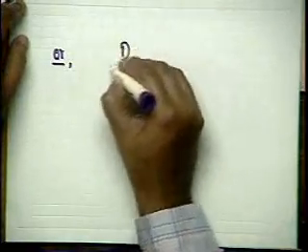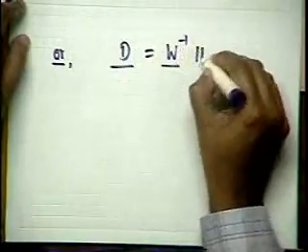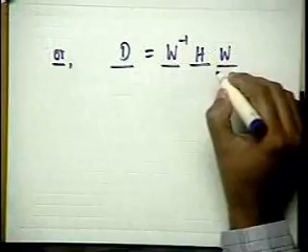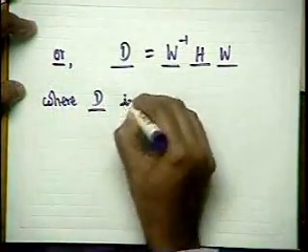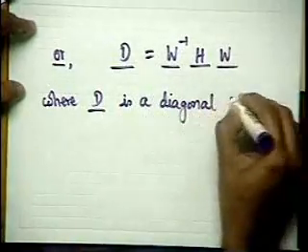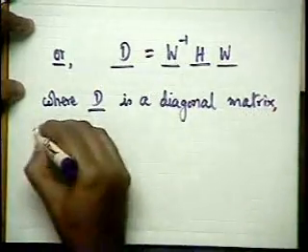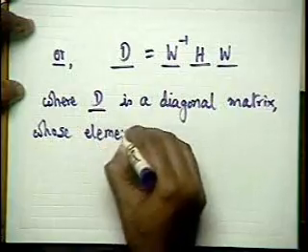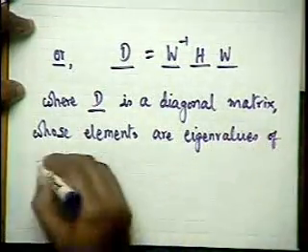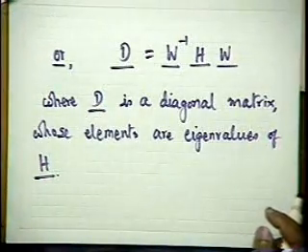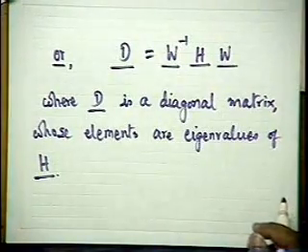Rather, from the same expression, if I pre-multiply by W inverse and post-multiply by the W matrix, then I get D. So from the above expression I can write the D matrix as W inverse H W, where D is a diagonal matrix whose elements are eigenvalues of H. Now we are going to extend this result.